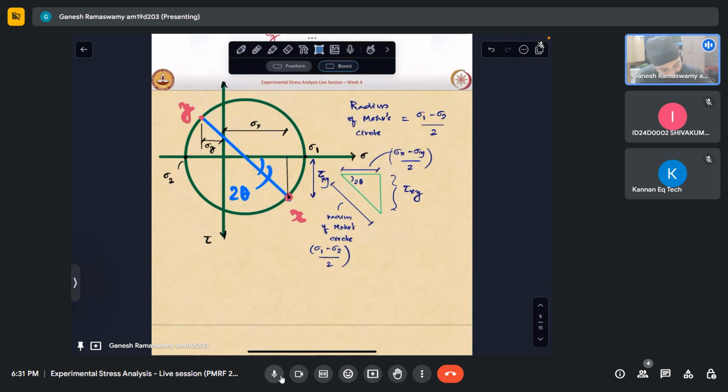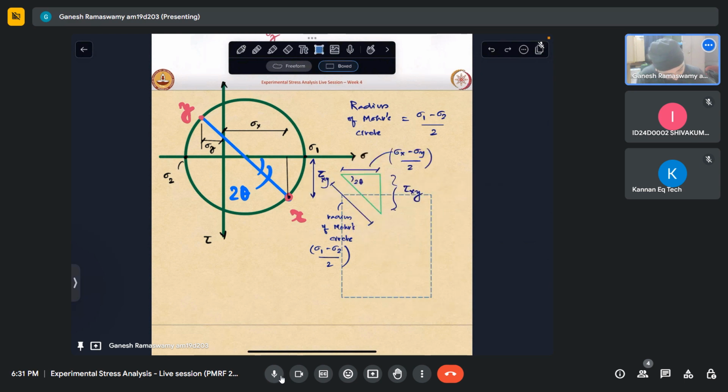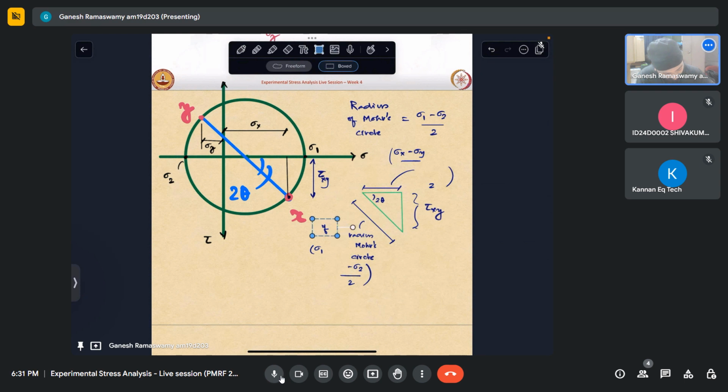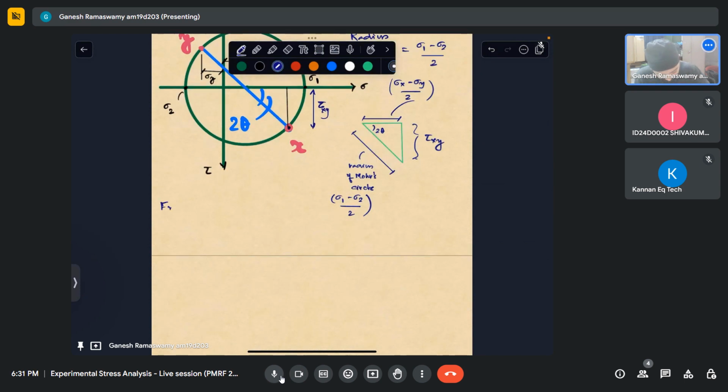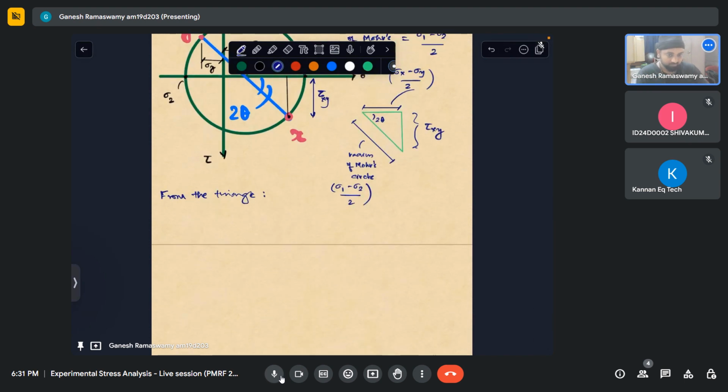So from this triangle, I can see, what is cos 2 theta?